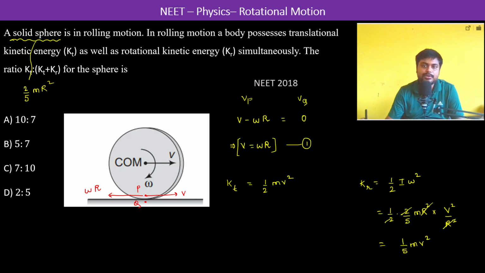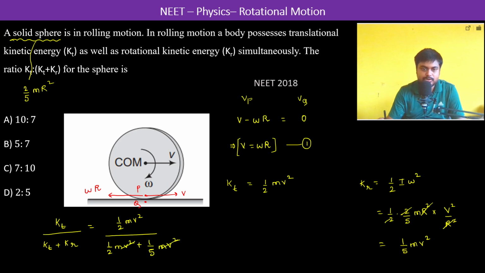Now they want us to find the ratio of kinetic energy of translation divided by the total kinetic energy. So this is equal to half mv square divided by half mv square plus 1 by 5 mv square.